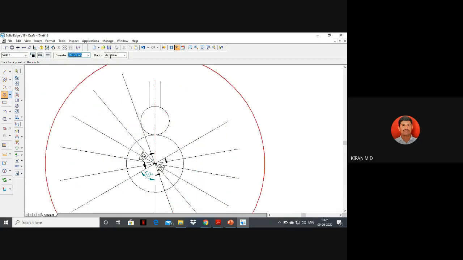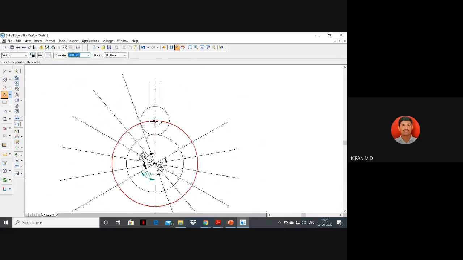So totally what is the radius? It becomes 30 mm. 20 mm is the base circle radius and 10 mm is the radius of the follower. Okay. So I will take this as the center and we have drawn the circle. This is the circle that will pass through the center of the follower. Is it clear?